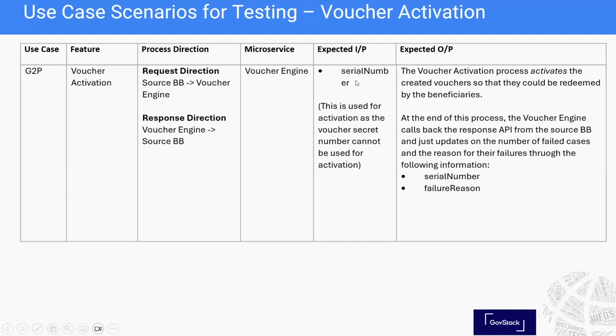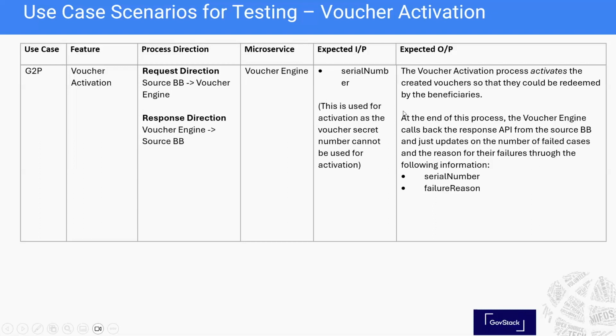So over here, David, please jump in also just to explain it further. One check that has been implemented over here is the importance of the secret voucher number, which is not to be revealed. So what happens is when we're sending a voucher activation request, we send the serial number and the system identifies the particular voucher from that serial number and activates it.